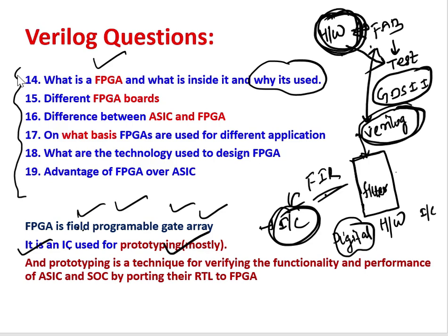So this is one way, right? And what will happen if the hardware you got from the fab comes faulty? Then that hardware cannot be used. So all this hardware is now wasted, right?